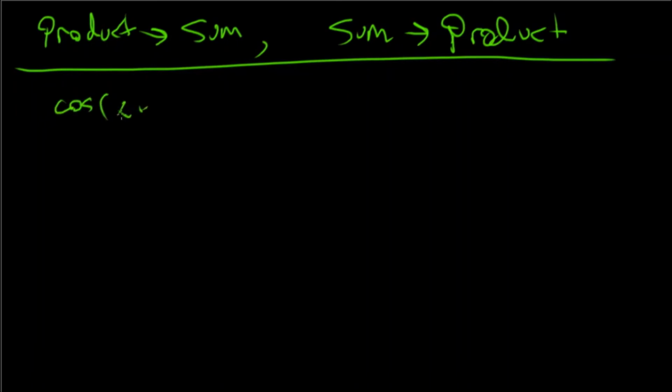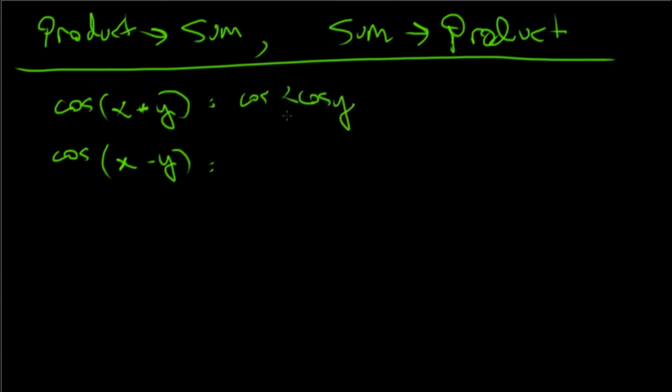Okay, so to prove the formula that we just used, I'm going to start out with the sum and difference formulas. So cosine of x plus y and cosine of x minus y. So I'm going to start out with these things, and I'm going to write them out. So cosine x, cosine y, minus sine x sine y. And this is going to be the same thing, just with a different sign in the middle.